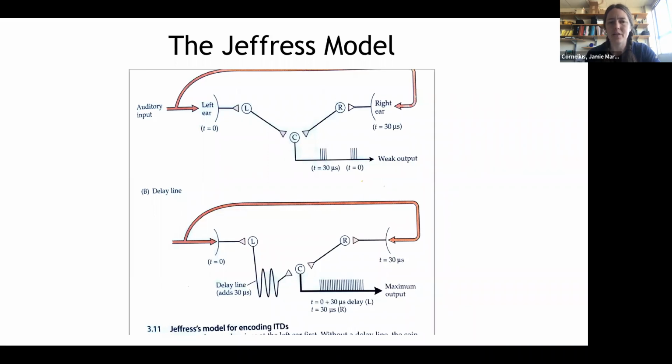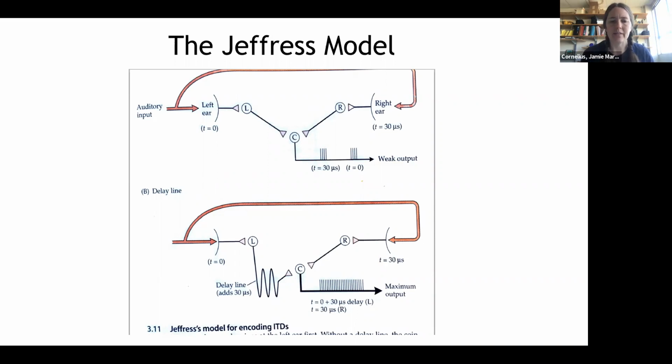And so it's reaching the left ear at time 0, but then it takes some time to travel to the right ear, and that time is now 30 microseconds later. And so the neurons are both converging onto a neuron in, we'll say, the nucleus laminaris. And because those signals are 30 microseconds apart, you're not getting any summation, and so you're getting a weak output.